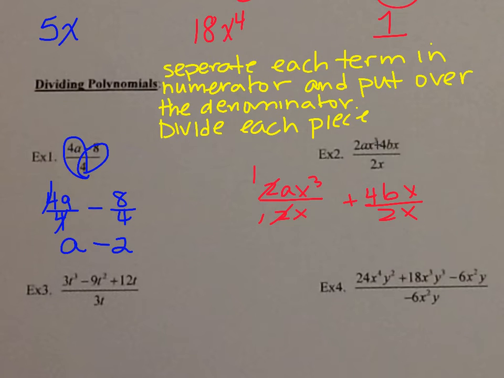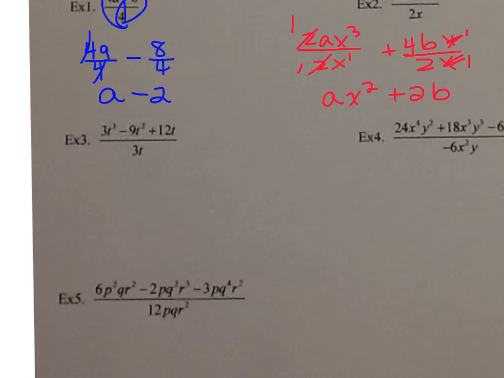I have an a, but no a in the denominator, so put the a down. X to the third divided by x, remember there's really 1 there, x to the first, that would be x to the second. Positive 4 divided by 2 in the next term would be plus 2. We have a b, but no b in the denominator, so bring the b down. And then x and x reduce to 1 and 1. So I have ax squared plus 2b. All right, let's take a look at number 3.